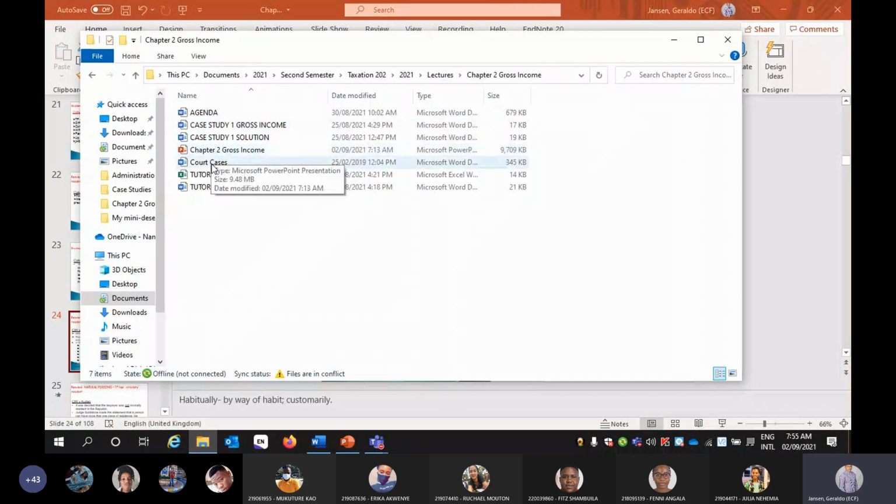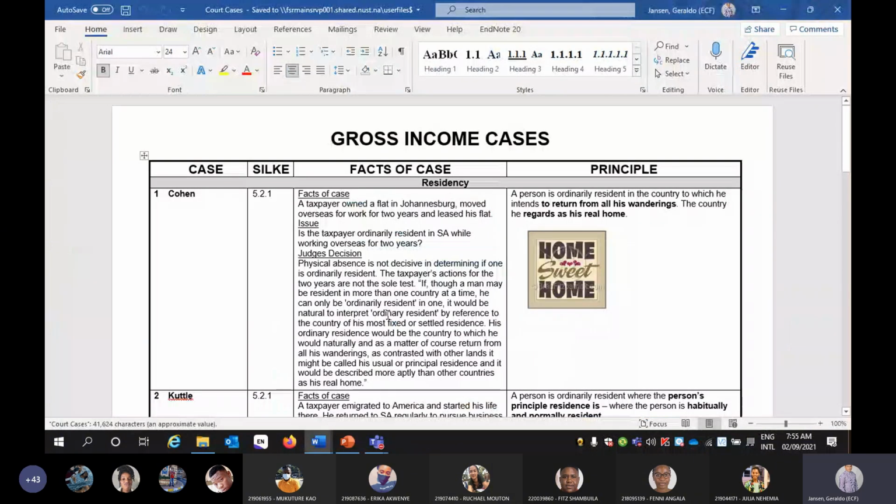Here are all the facts and even the issue and the judge's decision and even the principle. The principle that was established is, where will you return from your wanderings? Here is Kittel. There we have the facts, the issue, the judge's decision, and the principle again. So very important that you open these court cases while you study the theory.